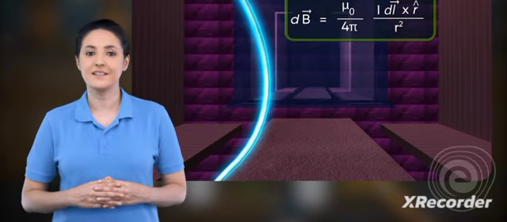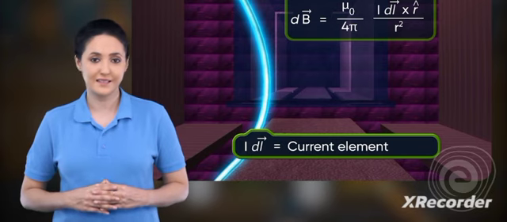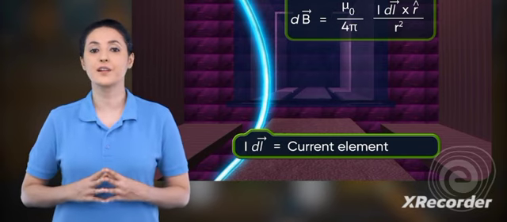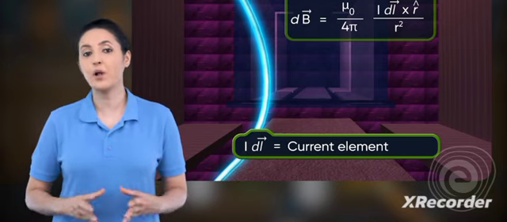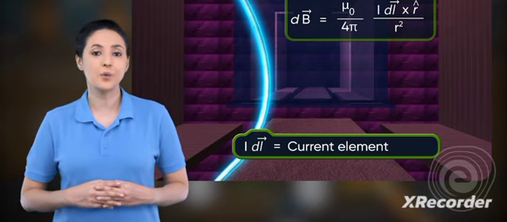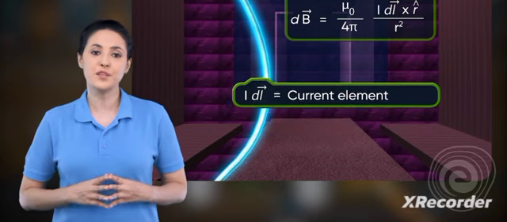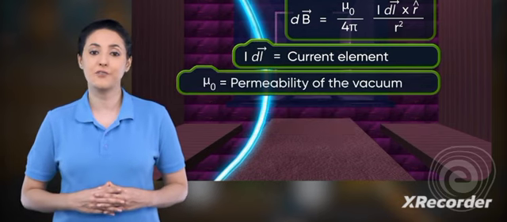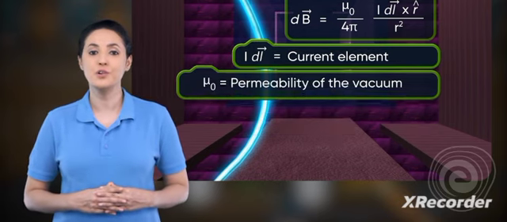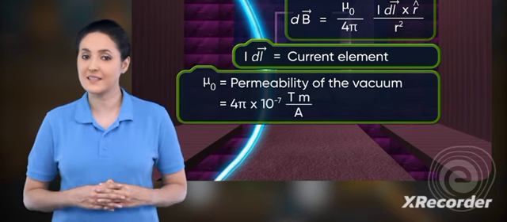Here, I vector dl is the current element, that is, the product of the current I and the small length vector dl of the conductor, a vector quantity directed along the current. Mu 0 is the permeability of vacuum, that is equal to 4 pi into 10 to the power minus 7 Tesla meter per ampere.